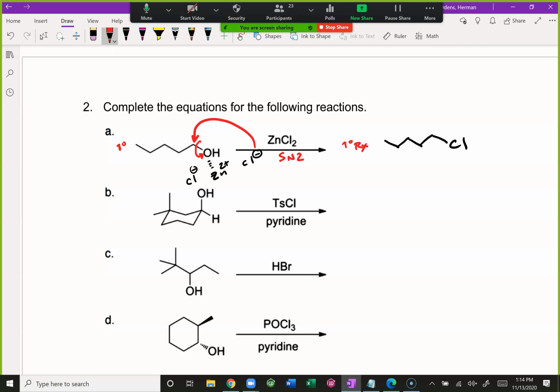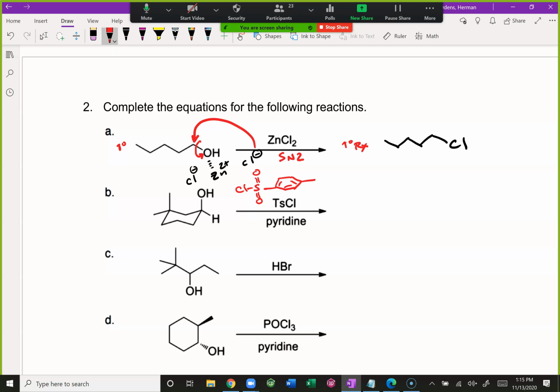Notice that for the next problem, we have something called tosyl chloride. Tosyl chloride looks like this. All right, so this reaction is not an SN2 reaction.